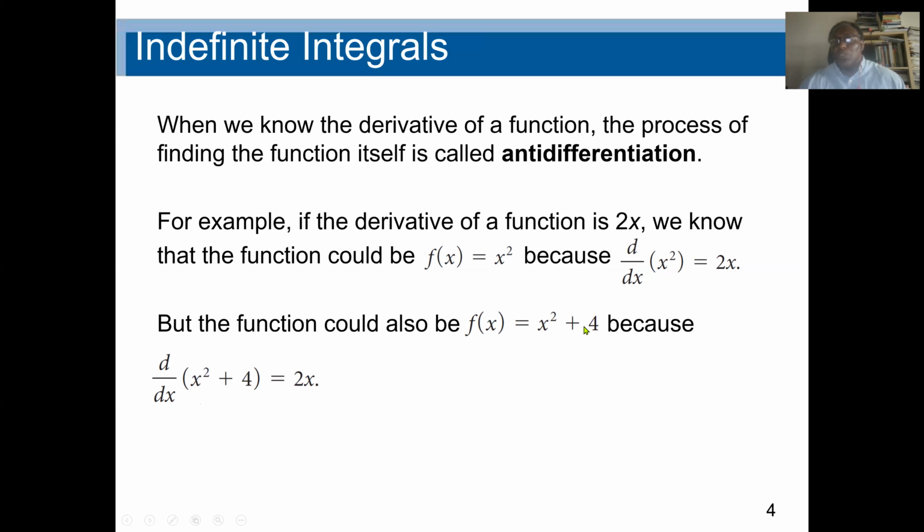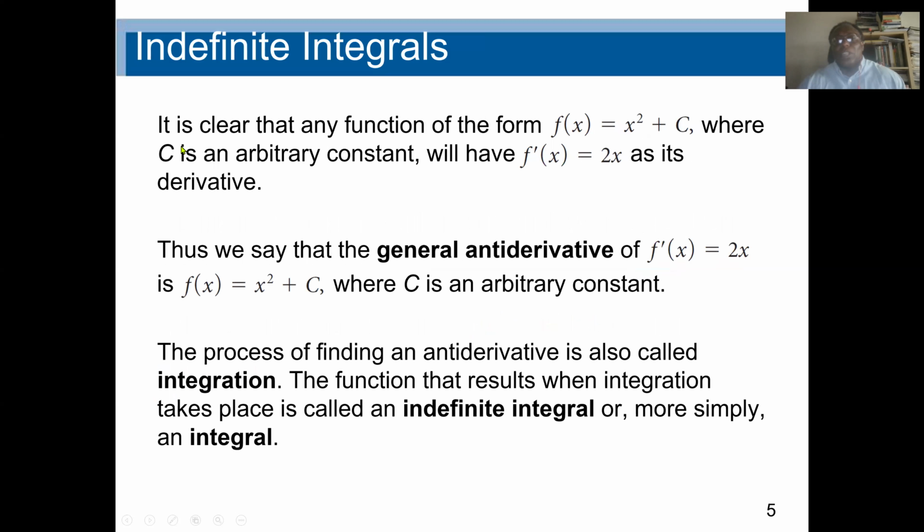Because we know x squared plus 4 will also give me 2x, since the derivative of a constant value is always 0. So now it is clear that any function of the form f of x equal to x squared plus c, where c is any constant value, will have the derivative 2x.